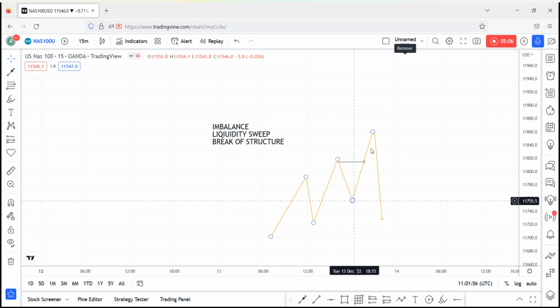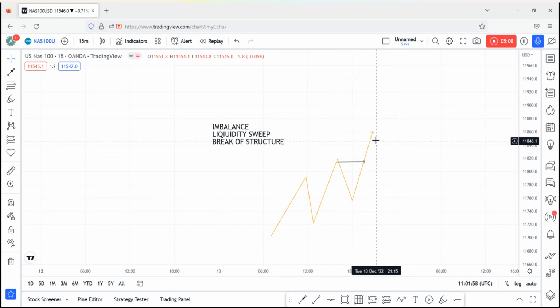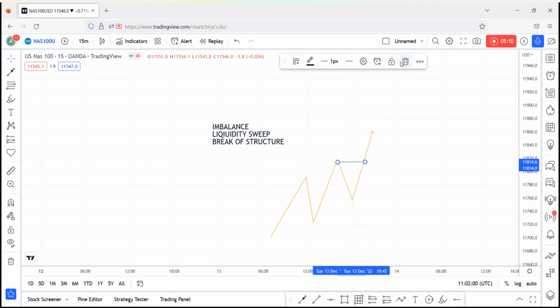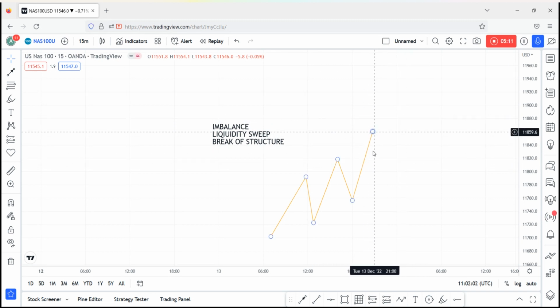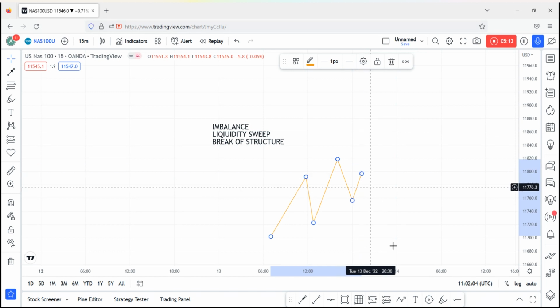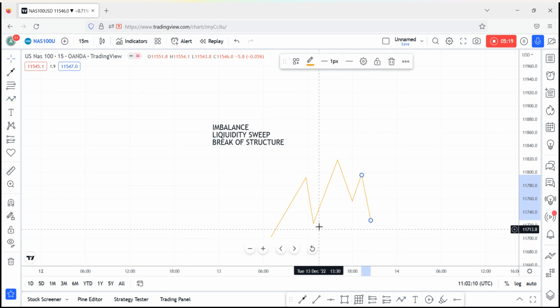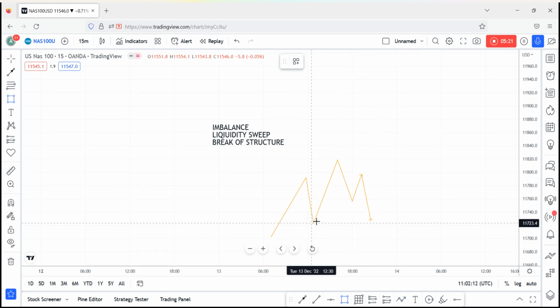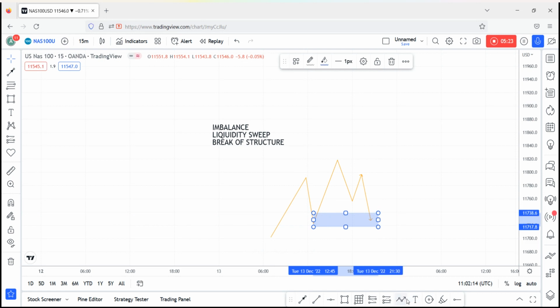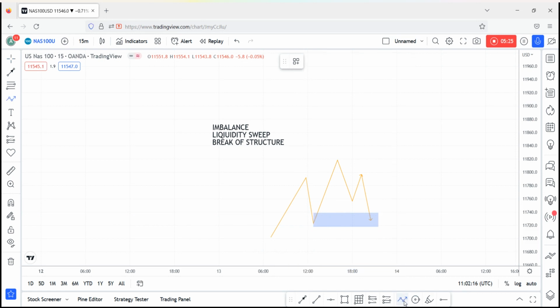And some people also make this mistake. Wait, just wait. They mark this as a break of structure. Like if the market takes this recent low, and this becomes your demand zone, right? And what they're doing is they mark this as a change of character, and now they're making a break of structure like this.